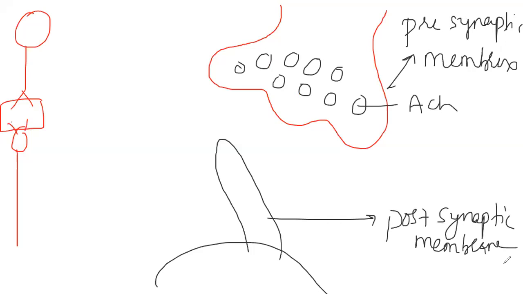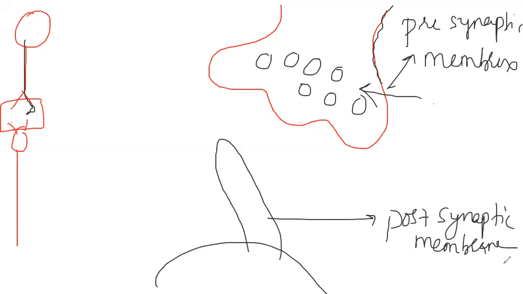Imagine that up to this point we saw the influx of sodium and efflux of potassium as the impulse moves forward. When the impulse reaches the axon terminals, the calcium gated ion channels open.